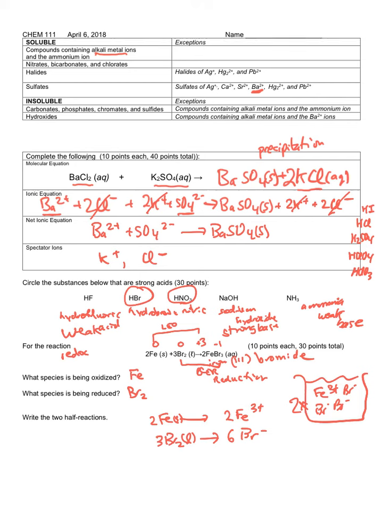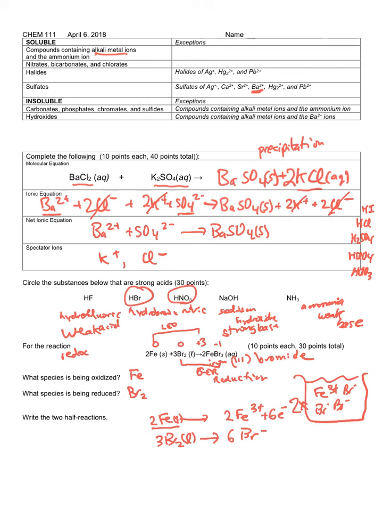So in the first half reaction involving iron, it's neutral on the reactant side. On the product side, 2 times +3 is +6. To make that become neutral, have 0 charge, we have to add 6 electrons to the product side.